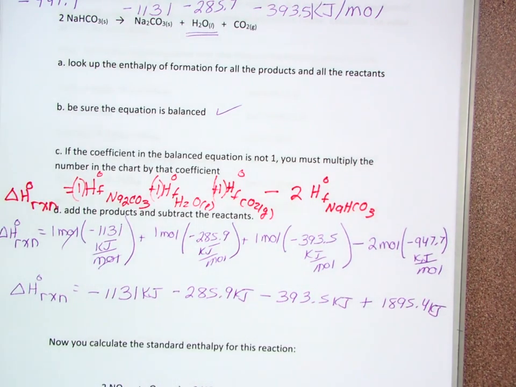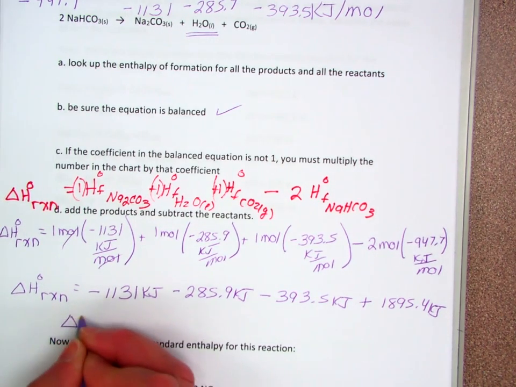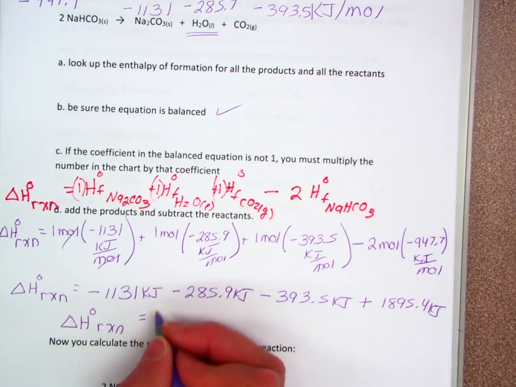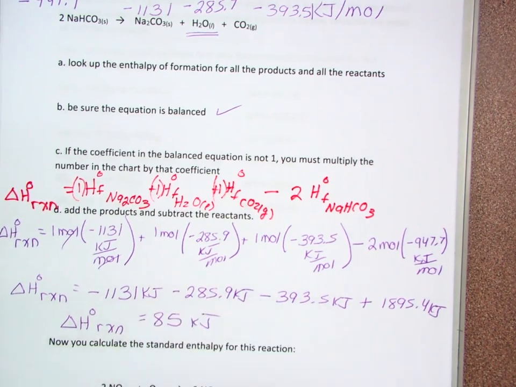Now, I take time to write all this out because it makes it easier for me to keep track of sig figs when I'm adding, because now I can look at where my last place of significance is. So when I add these all up, delta H0 for this reaction is equal to 85 kilojoules. I stop in the ones place, so I end up with fewer sig figs because of addition rules.